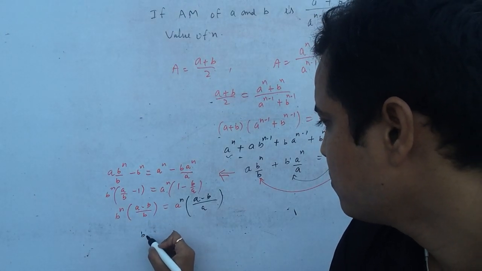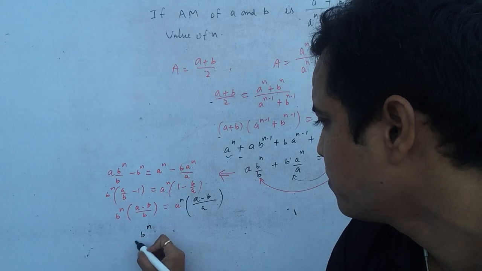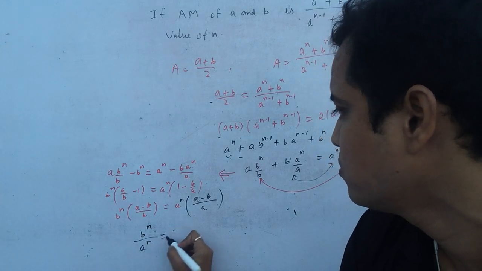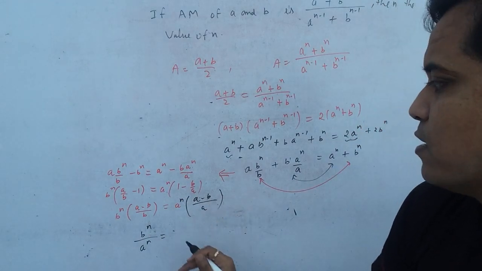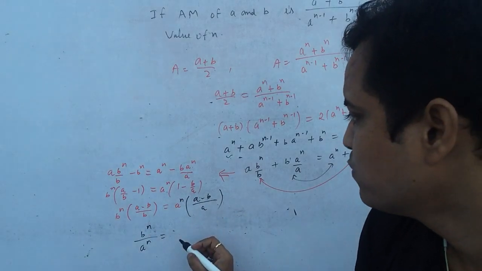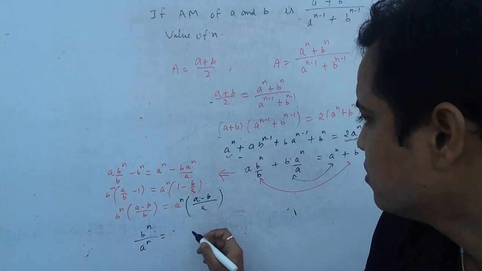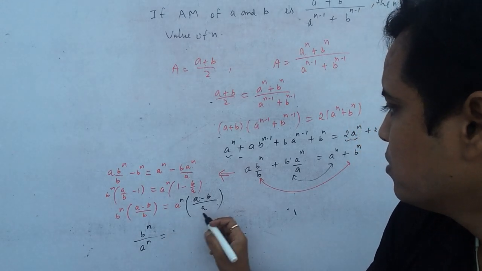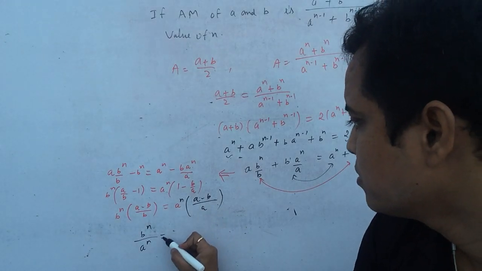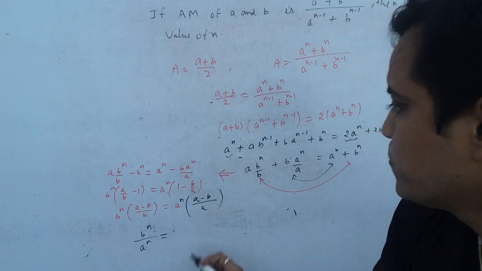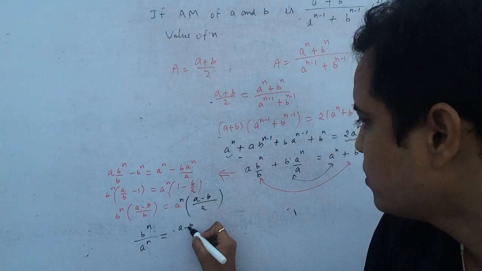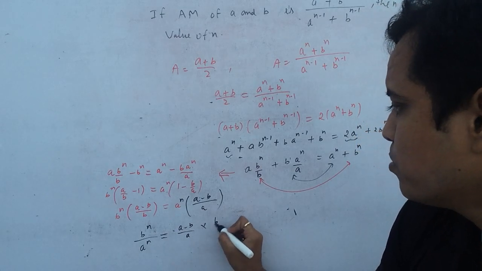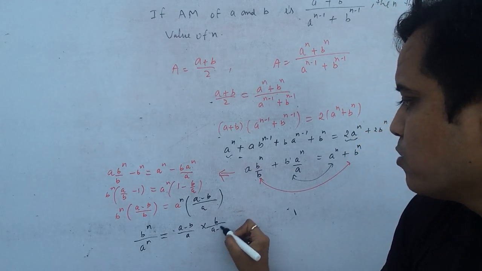So b raised to power n, a raised to power n equal to, transpose it. So a minus b would cancel out. Transpose first: (a minus b) upon a into b upon (a minus b).